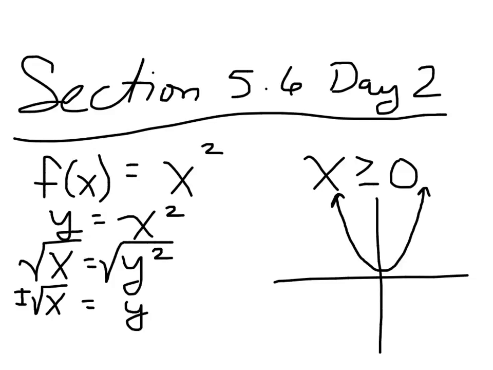Should have touched the origin, but that's close, right? But when it says x is greater than 0, is it graphing all of the parabola? Where would x be greater than 0 at? Right here and over.